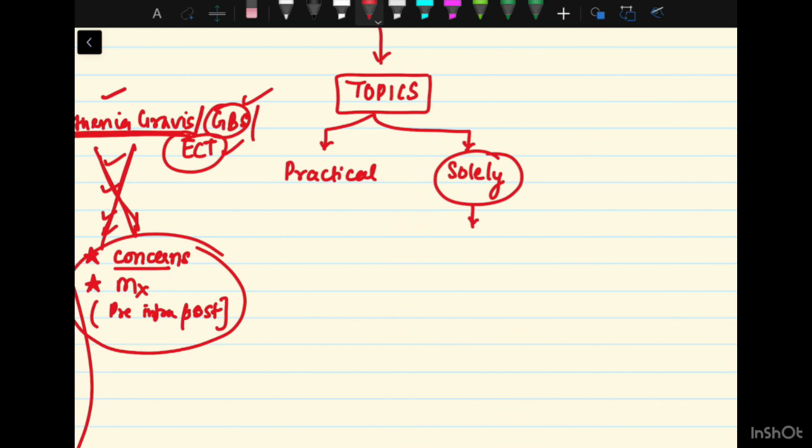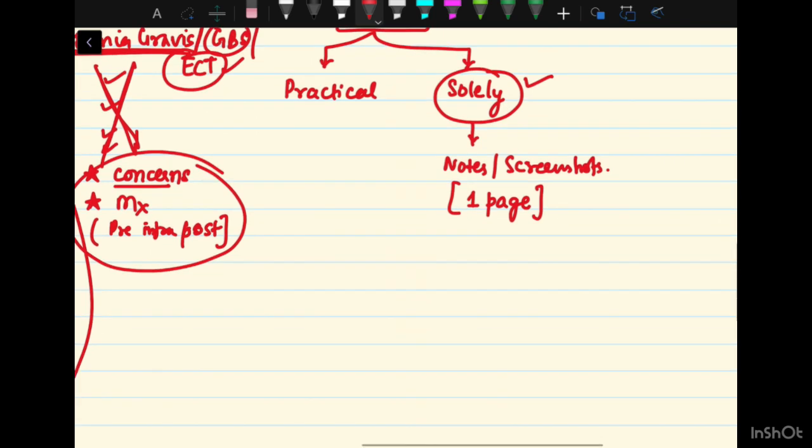If they are solely theory questions, you just have to make notes or take screenshots, because they don't matter too much. You just need content good enough to write one page. For a random, solely theory-oriented question that is only a topic and not a case, you don't have to go into depth or make notes.